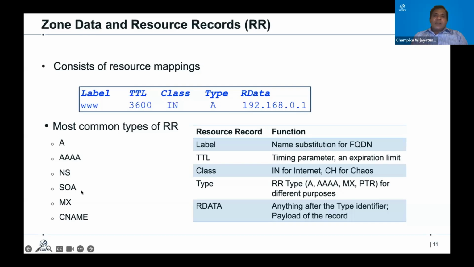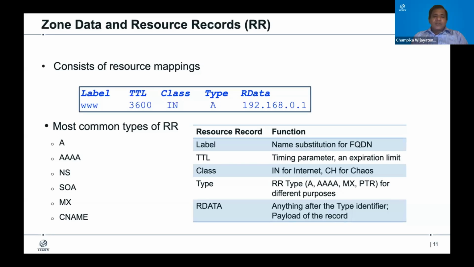SOA stands for Start of Authority, because as the authority, we can specify who is authorized to run this zone, the administrative details. What are the primary server details? What's the email ID? These kinds of administrative details can be specified in the SOA record.